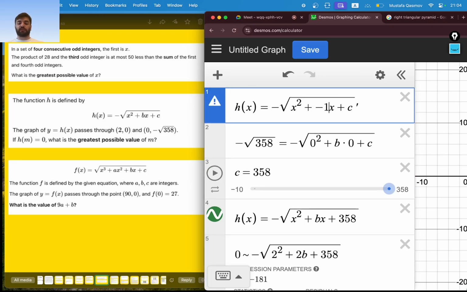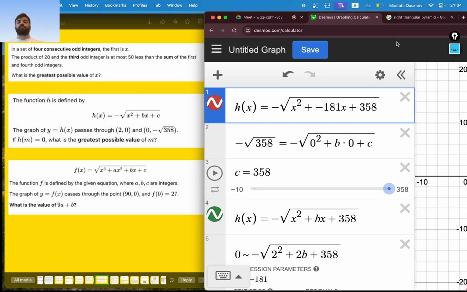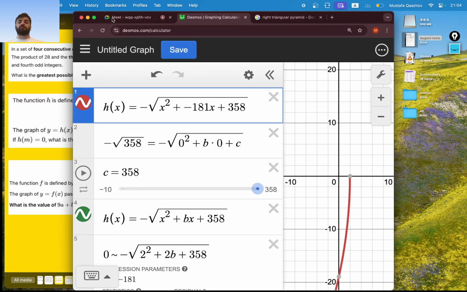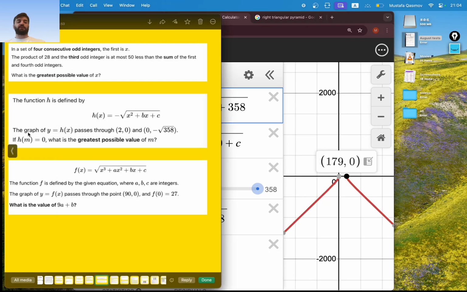Let's write negative 181 instead of b and 358 instead of c. Is it clear? Then look at the decimals. You can see this 2, but it is not the answer. The other one is the answer. But why is the second one the answer? Because of the greatest possible value. Oh, okay.